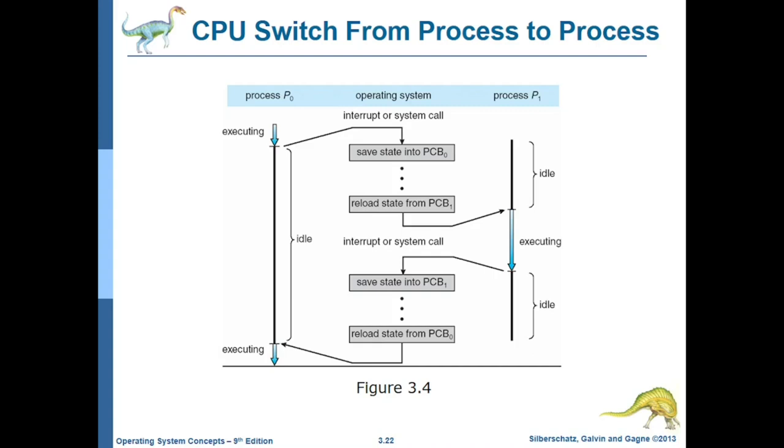The CPU then executes P1 until it finishes its time slice. The CPU then saves the state of P1 in its PCB and loads the state of P0 from its PCB. The CPU then resumes the execution of P0 from where it left off.